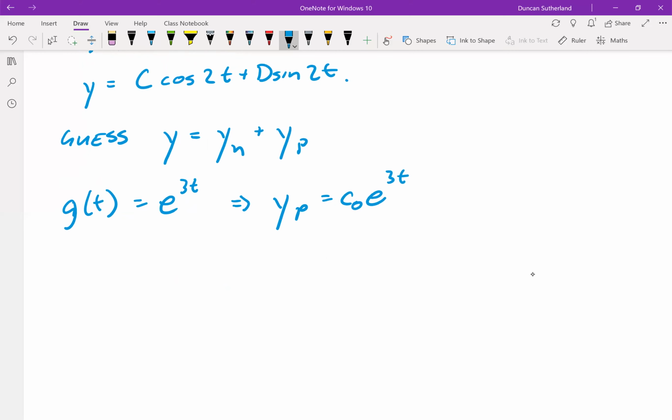So let's stick this into our equation. So our full ODE. Y double prime is actually fairly easy to compute in this case. Y homogeneous double prime, the second derivative of cosine is just minus cosine, so we're going to get a minus 4 from that frequency there.